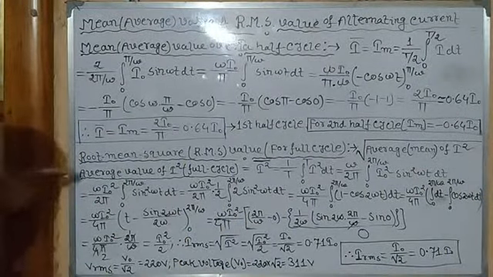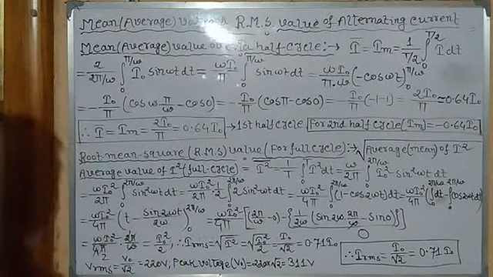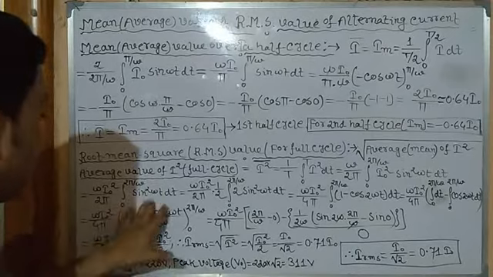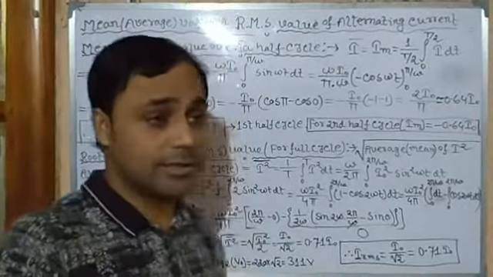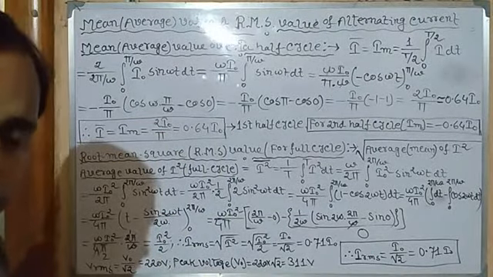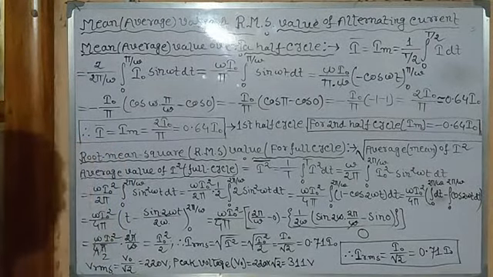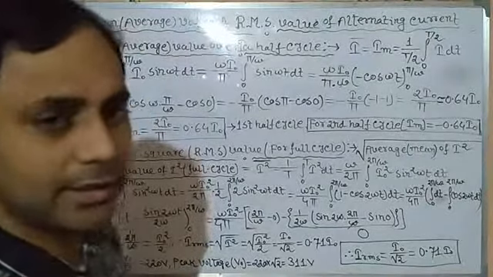Now the integration: we cannot integrate sine square theta directly because it doesn't have any direct formula. Integration of sine theta we can do, isn't it? That is minus cos theta. Clear? But sine square theta d theta we cannot integrate directly.